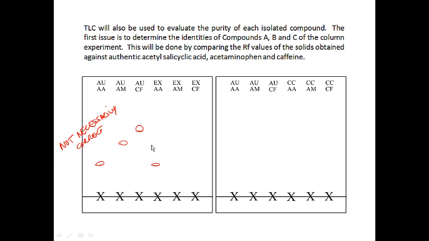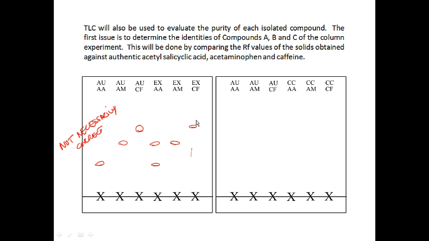If we find any other stray spots in here, it'll tell us that our sample's impure. And then for acetaminophen, we should see an acetaminophen spot. And then do we see any of the other components in there? For the caffeine, the same thing. We should see a spot corresponding to the RF value of caffeine. And so that's how we're going to determine the purity.